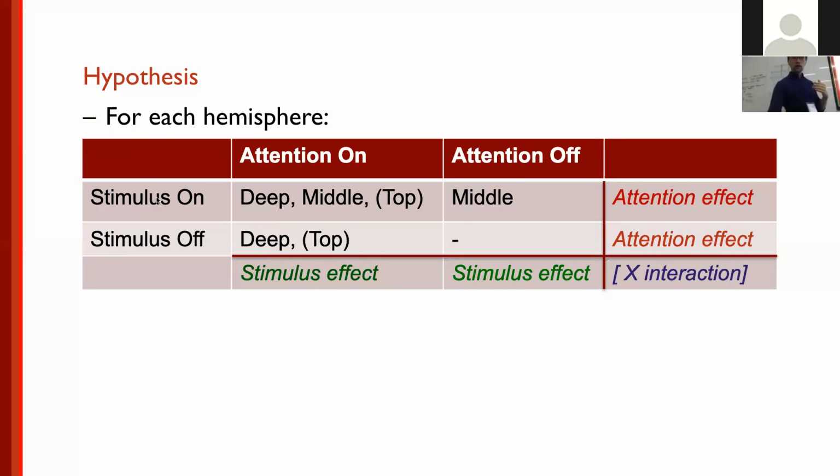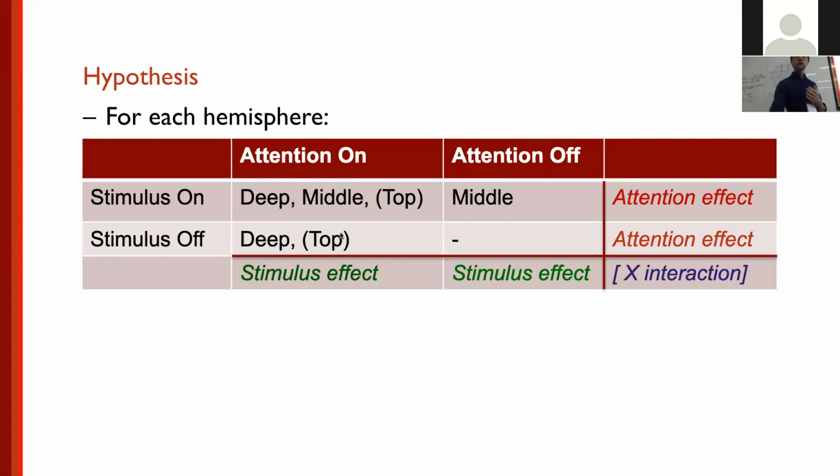Oh, sorry, the stimulus effect is clearly the bottom-up effect because, from the eyes, it goes via the thalamus to layer 4. It would go to the middle layers. The attention effect would be the opposite. It would, at least it is hypothesized to, go to deep and maybe top layers.